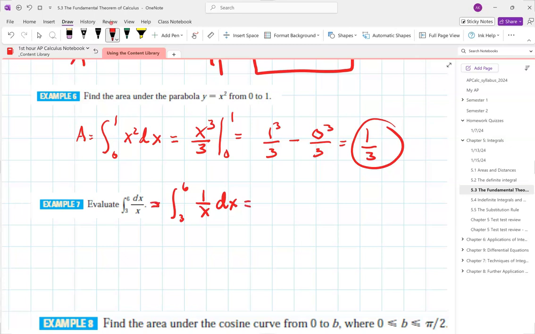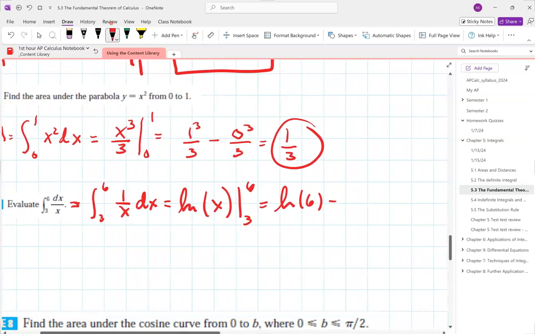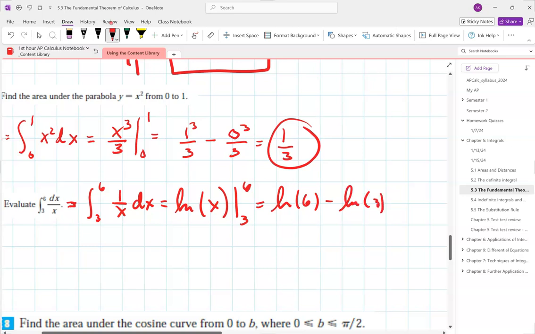What is the antiderivative of 1 over x? What did I take the derivative of to get 1 over x? Natural log. Very good. So that'll just be the natural log of 6 minus the natural log of 3.